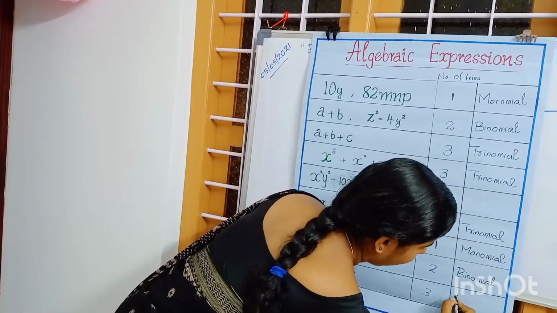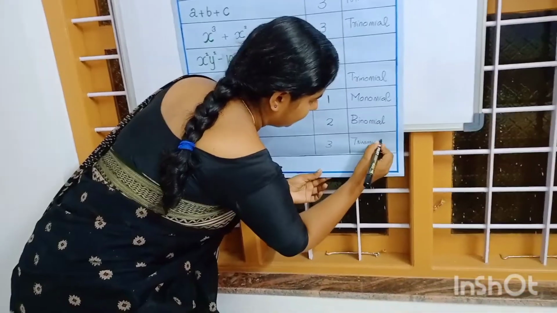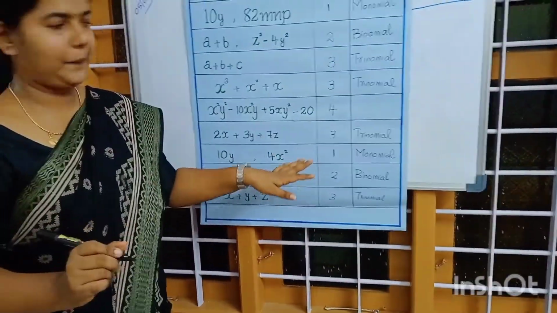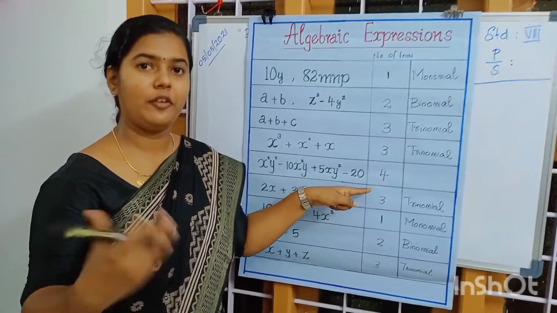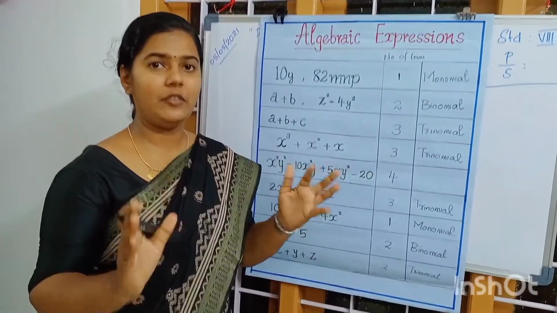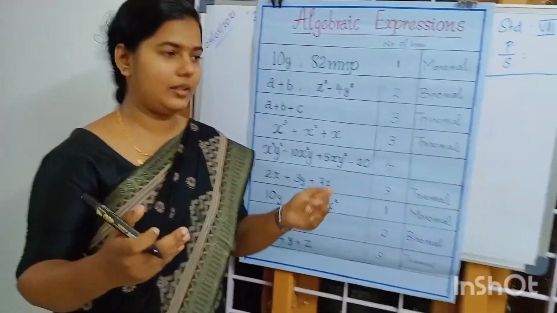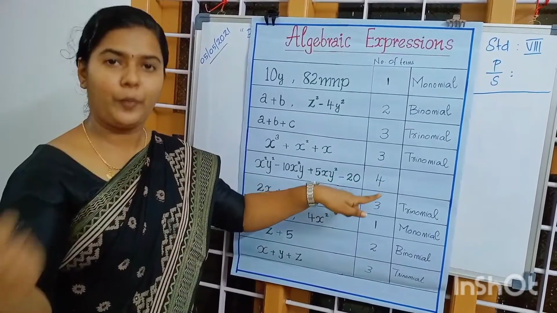And this is also trinomial. Clear? Then, what about an expression with 4 terms? Okay, actually we call it by a general name, and that is, yes, it's polynomials.